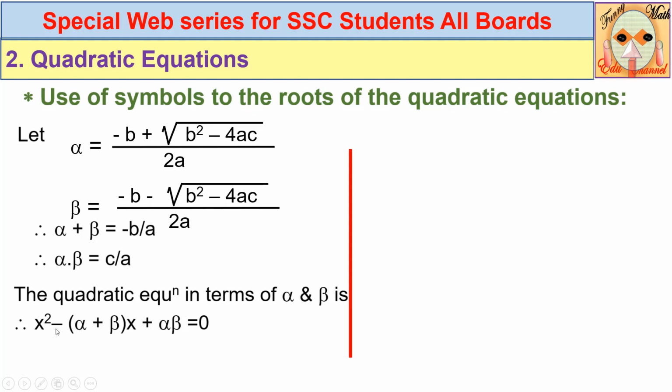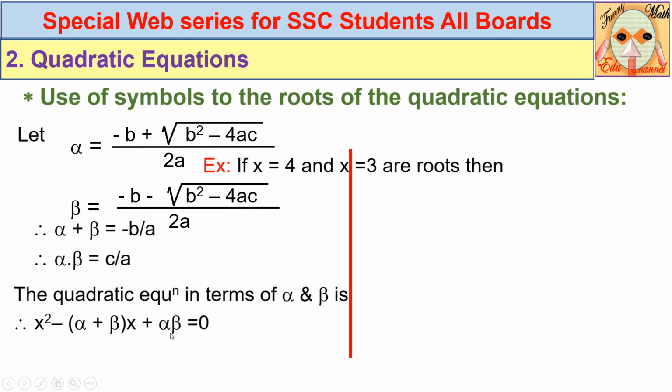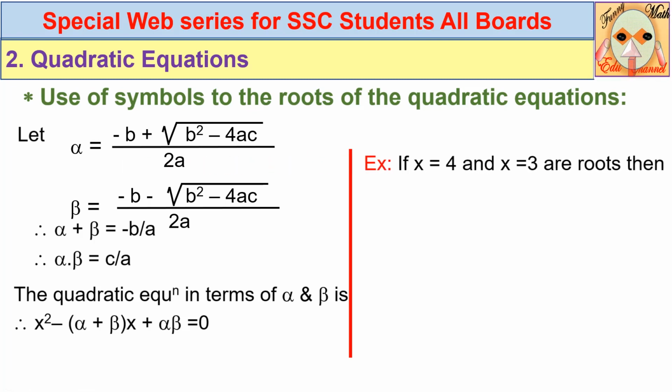Factorization means nothing but splitting the last term into two factors in such a way that their product must be the last constant term and their addition must be the coefficient of the middle term. And now we are going to see an example of this.